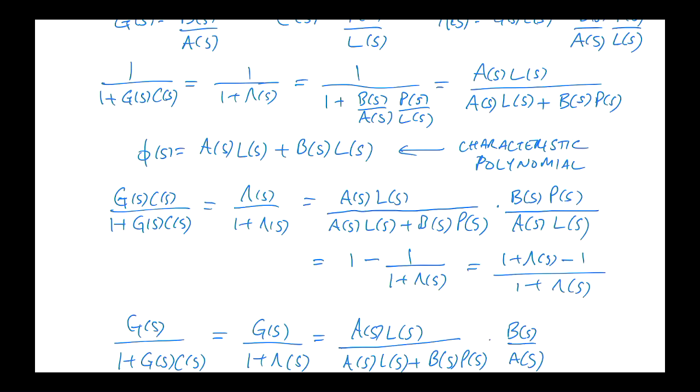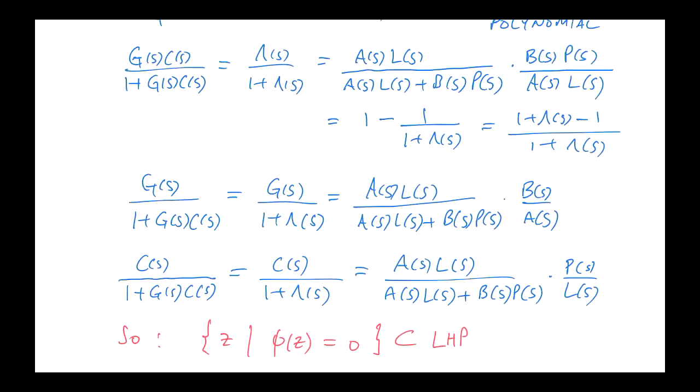I mean, you can see that lambda on 1 plus lambda is equal to 1 minus 1 on 1 plus lambda, right? Because if we just multiply this term by 1 plus lambda and divide by 1 plus lambda so that it's equal to 1, we get this expression here, and the 1's cancel out, and you're left with this.